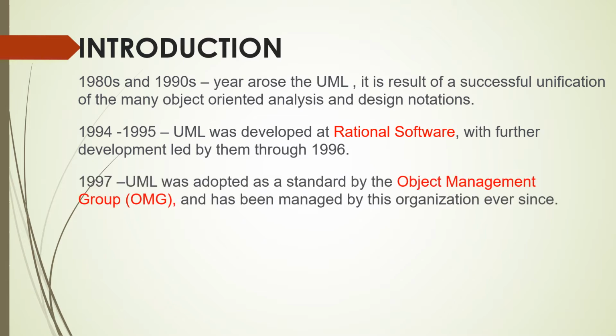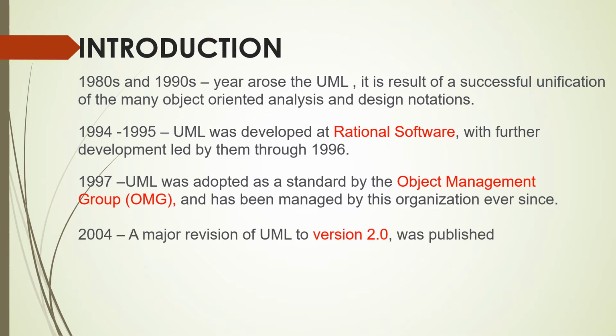In 1997, UML was adopted as a standard by the Object Management Group, or OMG, and has been managed by this organization ever since. A major revision of UML to version 2.0 was published in 2004.